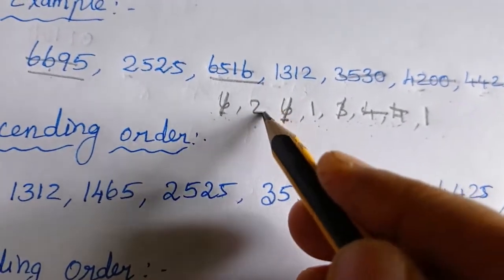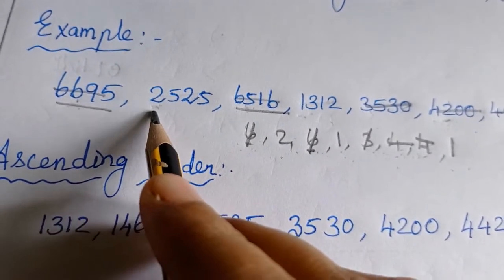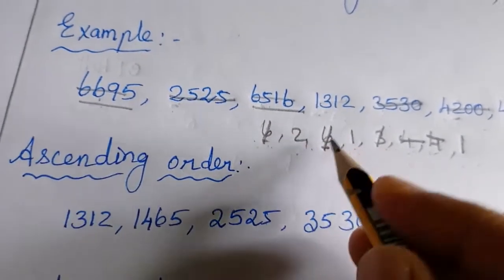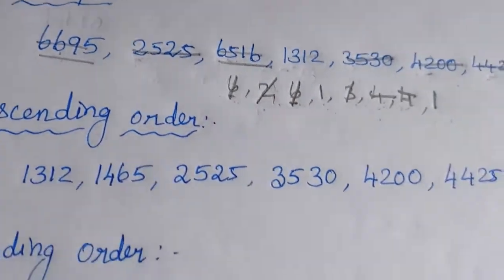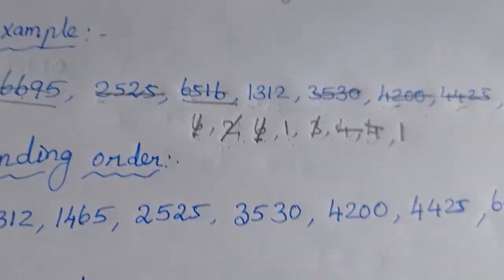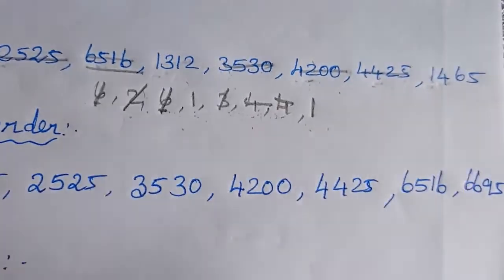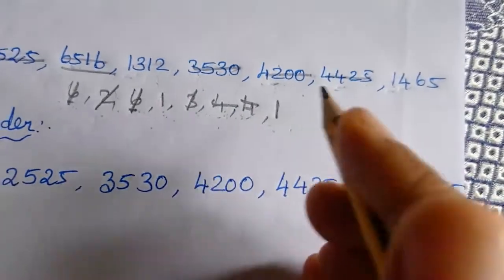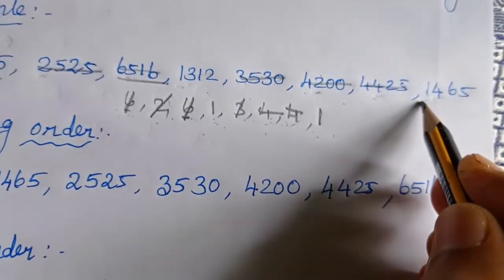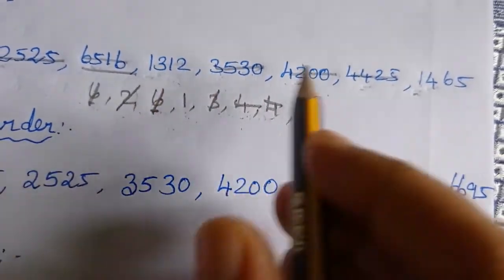Next among these, which is the greatest number? 2. The one starting with 1000 value 2 is this number, 2525. Next children, 1. But here there are two numbers with the same 1000 place value, that is 1465 and 1312.